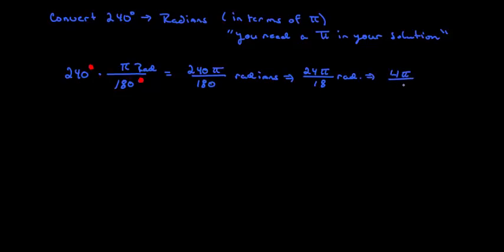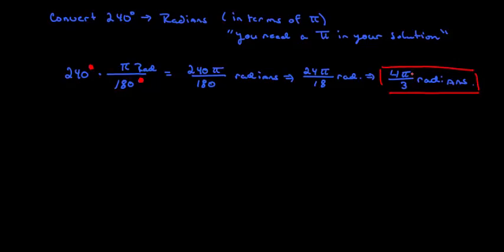Divide the bottom by 6, we get 3. Okay, so I want you to look at this. This answer, 4 pi over 3, is the reduced form in terms of pi.